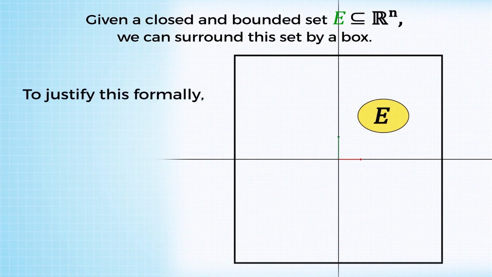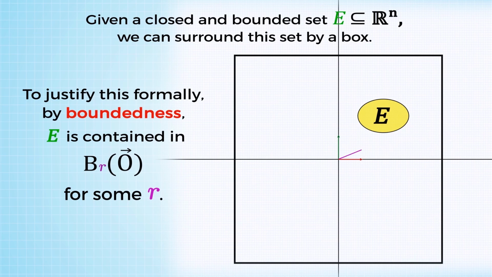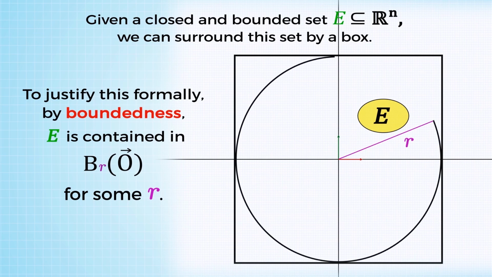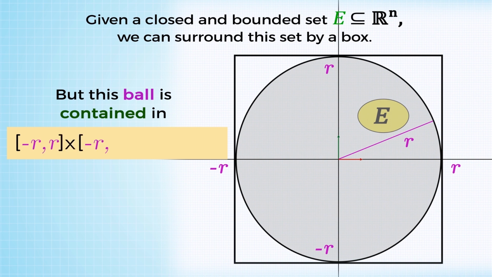To justify this formally, by boundedness, E is contained in B_R(0) for some R. But this ball is contained in [-R, R] cross [-R, R] up to [-R, R].